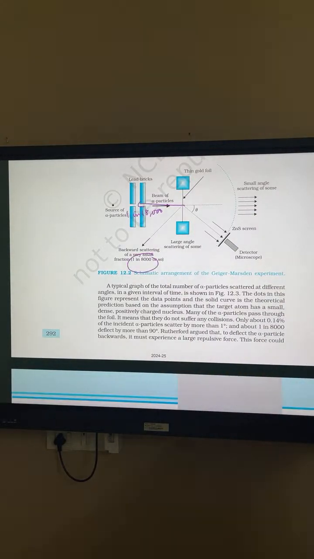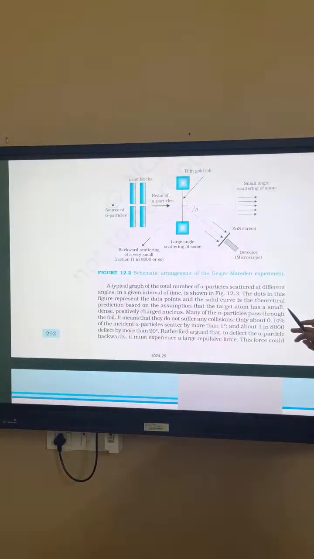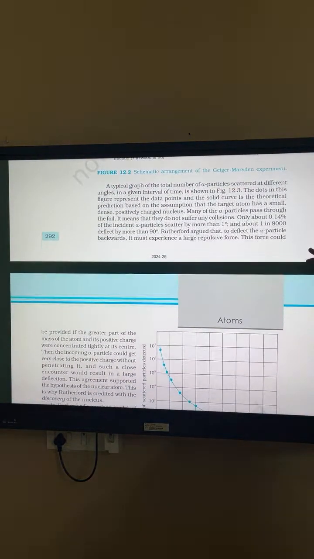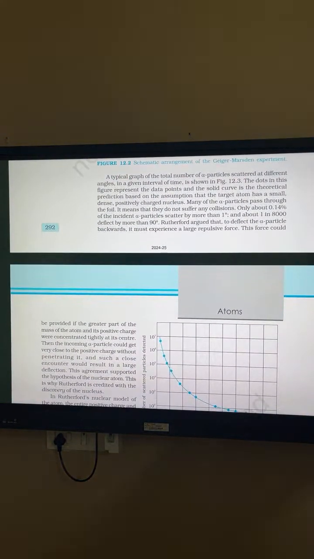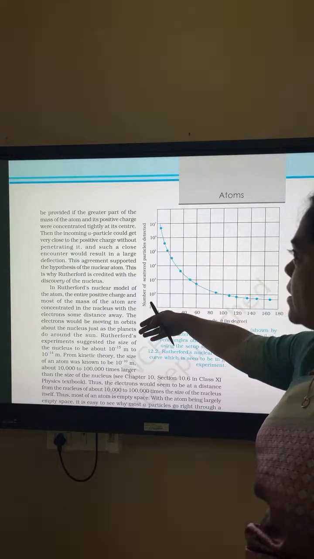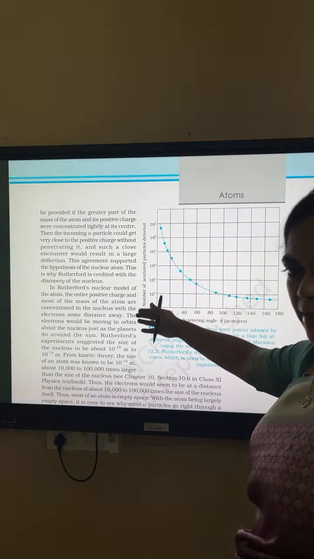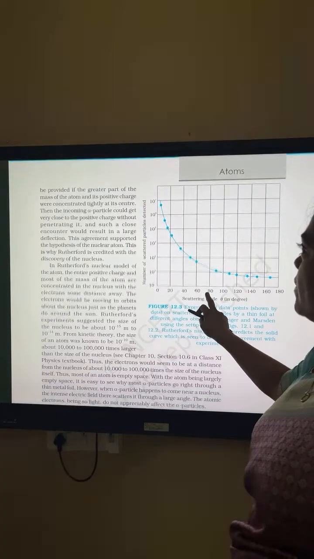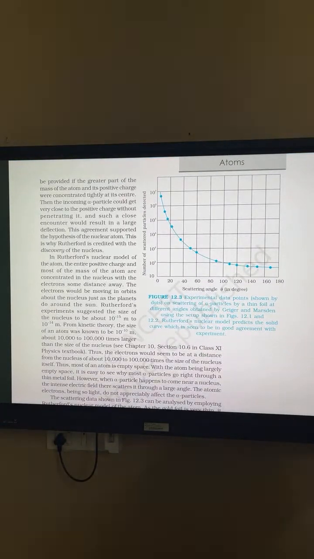So we just go through it. A typical graph of the total number of alpha particles scattered at different angles in a given interval of time is shown in the figure. So here, for each and every scattering angle, how many scattered particles are detected? See here, this graph clearly pictures everything.